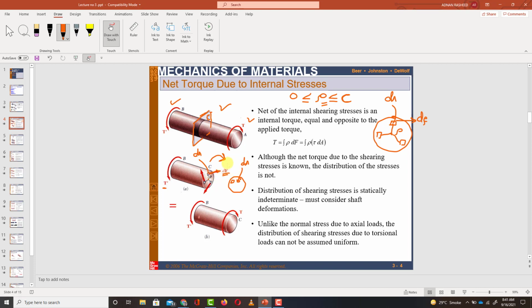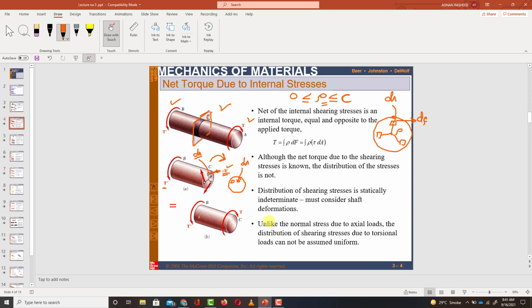In order to find the net torque due to these internal shear forces, we divide this circular cross section into small incremental areas, where each area is represented as dA, and the force acting on this differential area is dF.